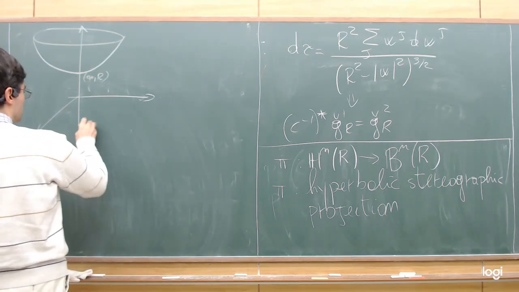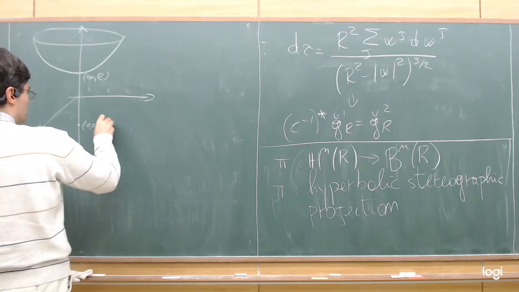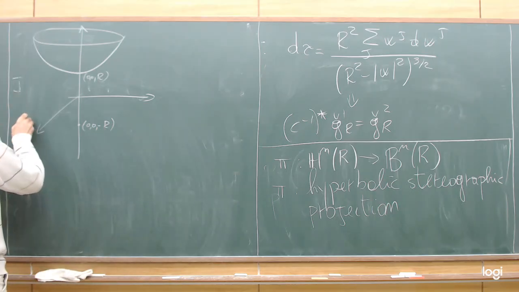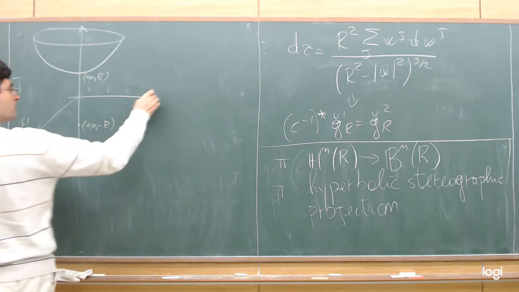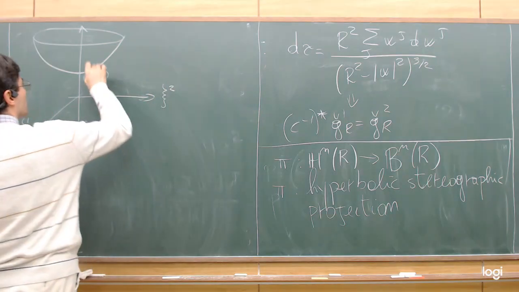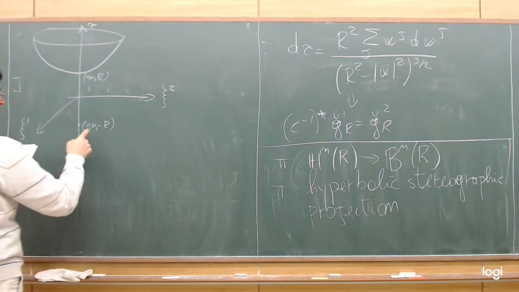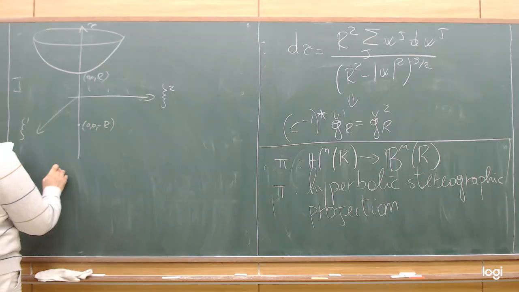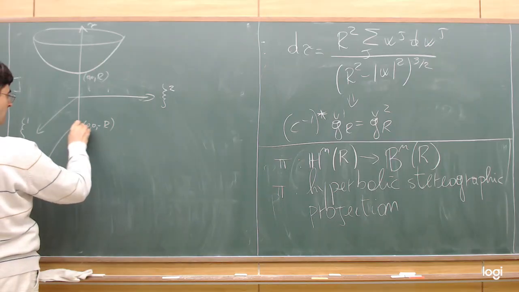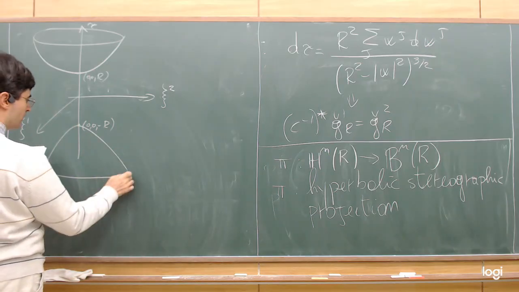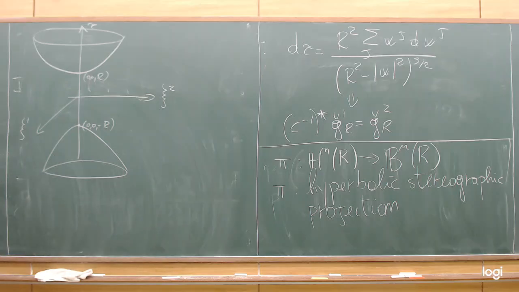This is the point of coordinates 0, 0, minus R, and this is the lower sheet of the hyperboloid.